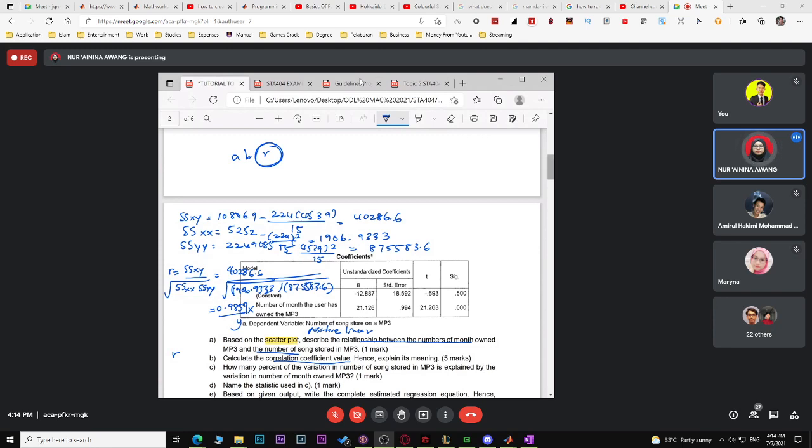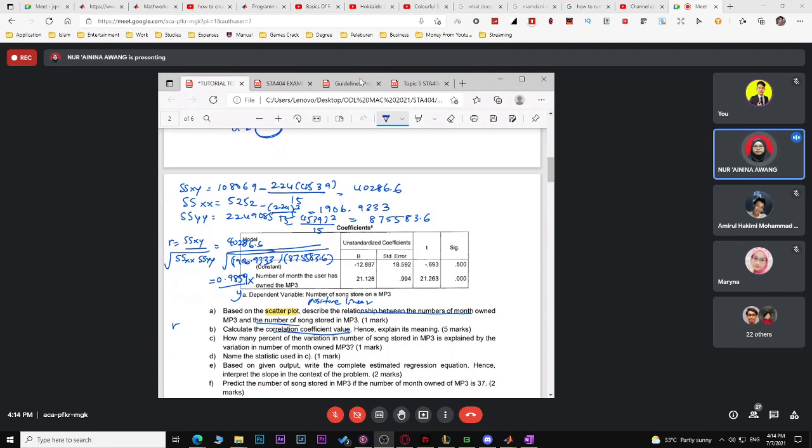So the question asks you to calculate and also to explain the meaning. So since you already have the value, the value is positive, and since the value is between 0.7 to 1, you know that the strength is strong. So we say that there is a strong positive linear relationship between number of months owned MP3 and number of songs stored in the MP3.